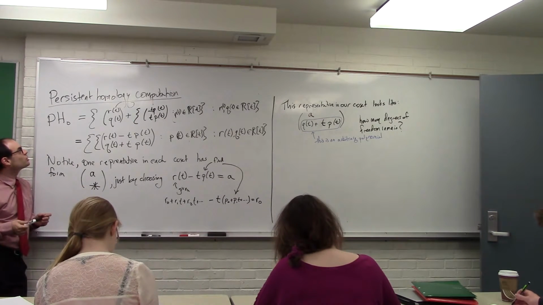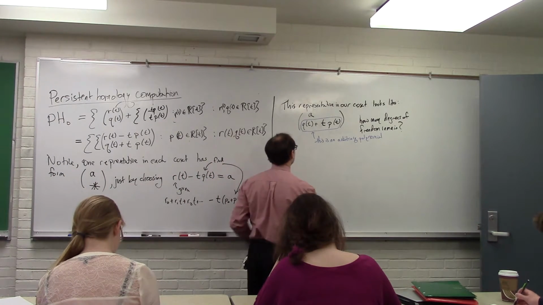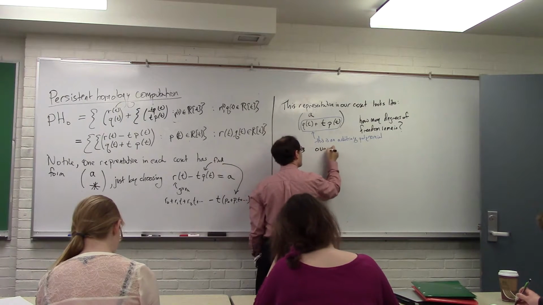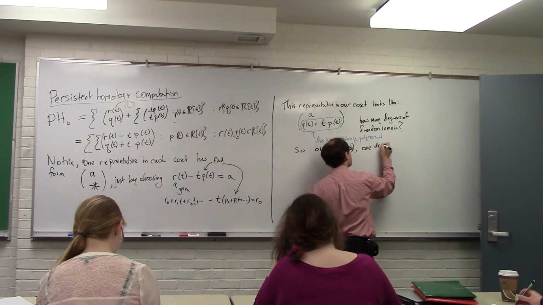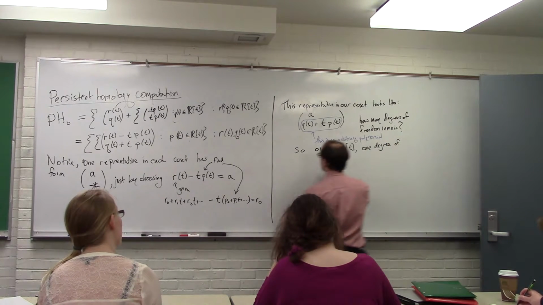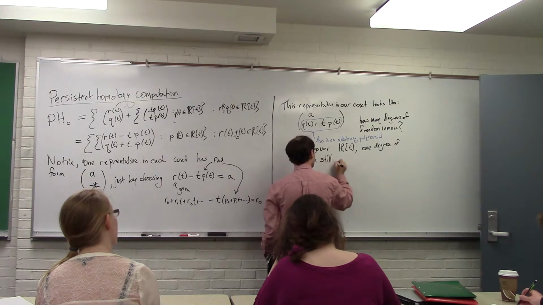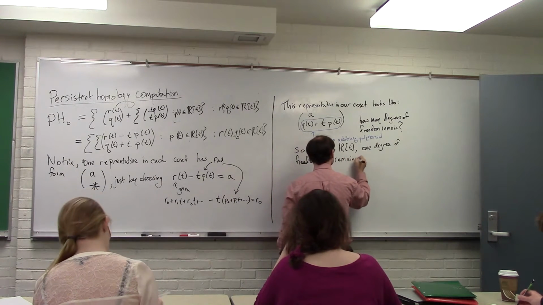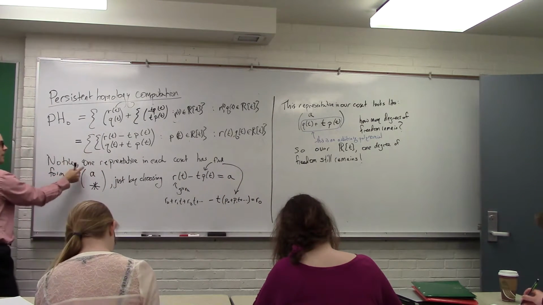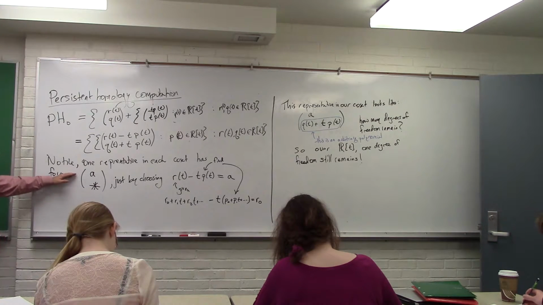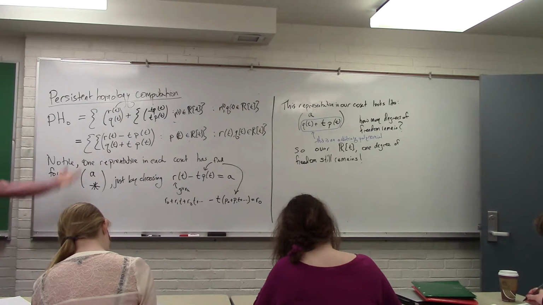There were 2 degrees of freedom still present in this thing. This is still an arbitrary polynomial. So over T, 1 degree of freedom still remains. So we've done our quotienting process. By doing this here, I've used up a degree of freedom. That would be like using up 1 dimension of my vector space, but I still have 1 left.